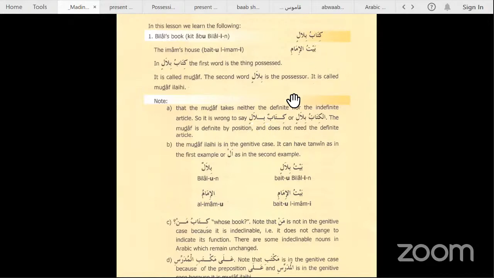The mudaf itself will come with neither a dhamma tanween nor an alif lam. Why? Because the mudaf is definite by position. Anything which comes in a relationship of mudaf ilayh is sufficient in itself to make the noun a proper noun. So you don't need to add alif lam or have the tanween there. It would be just one dhamma, kitabu.